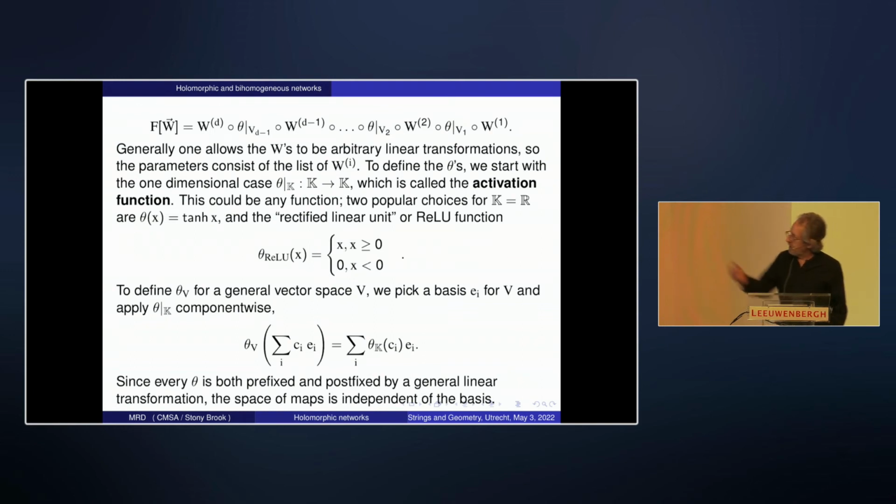So in engineering, you most commonly use this activation function, this nonlinear function theta, which on each component of the vector is called ReLU. It takes positive x and it's the identity, negative x it gives you 0. So it's nonlinear in this very minimal way, which is obviously very efficient on a computer, but actually suffices.